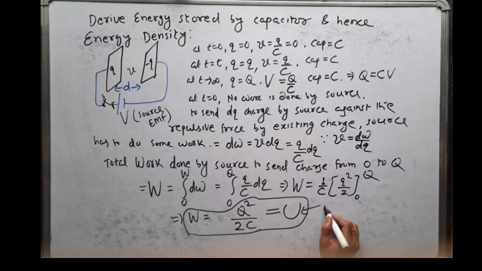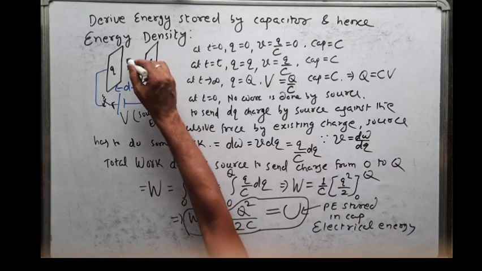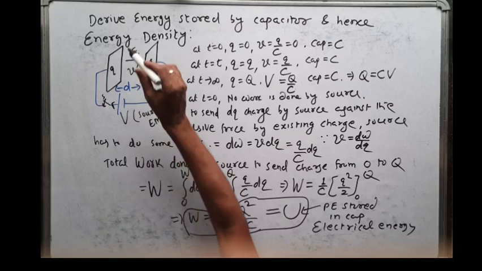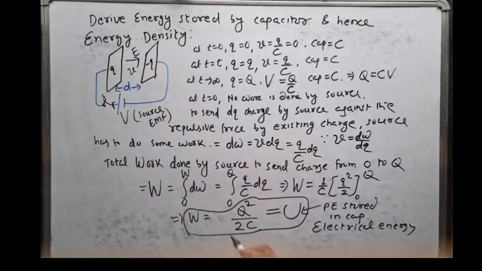So U is the potential energy stored in the capacitor. And which energy is this? This is electrical energy. Why electrical energy? Because inside the plates, inside this space, there is an electric field. So whatever energy is stored is in the form of electrical energy.